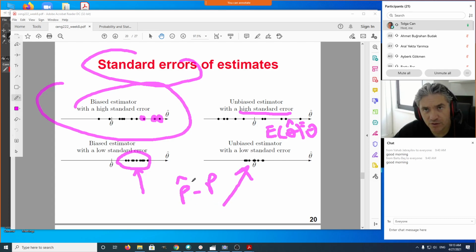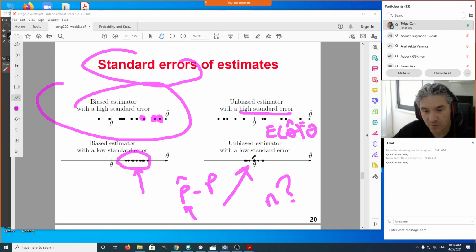Actually, we are going to see this in chapter 5, towards the end of the semester, when we come to Monte Carlo simulation. We'll need to determine what the sample size should be in order to ensure that the probability that the difference between our estimator and theta is less than epsilon is large.